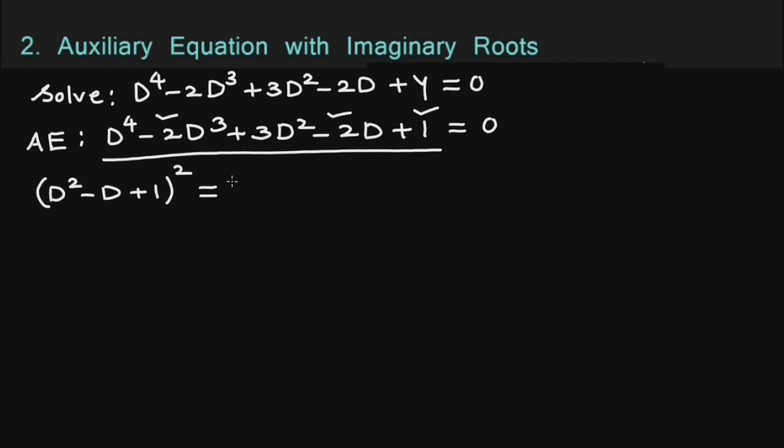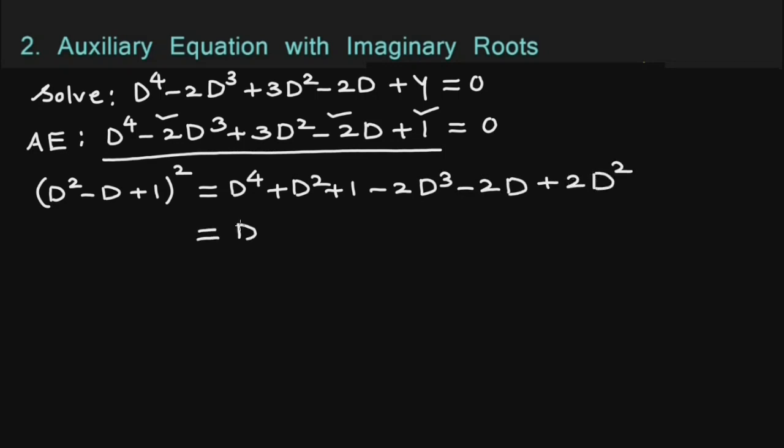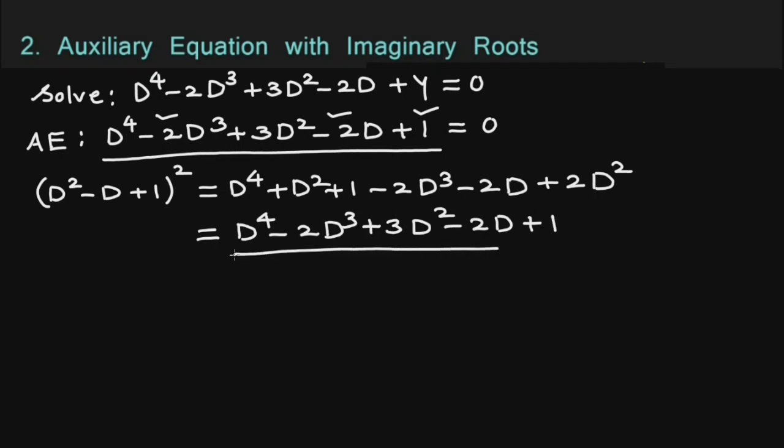This will be square of D square, D raised to 4, plus square of minus D, D square, plus square of 1, plus 2 times the product of D square and minus D, minus 2D cube, 2 times the product of minus D and 1, minus 2D, and 2 times the product of 1 and D square, 2D square, which is D raised to 4 minus 2D cube, D square plus 2D square plus 3D square minus 2D plus 1, which is the same expansion as this expansion.